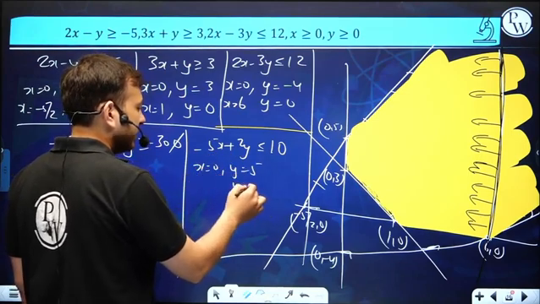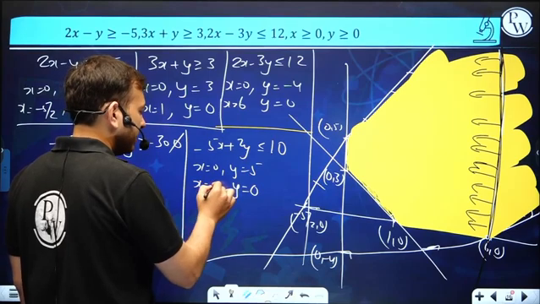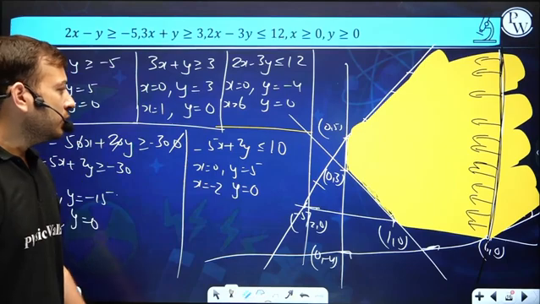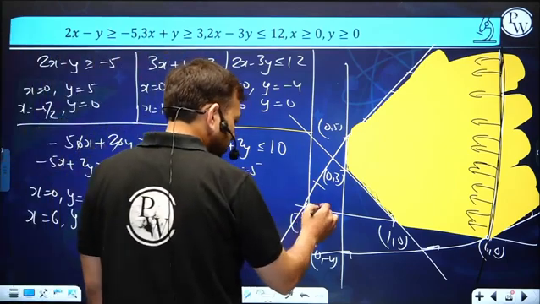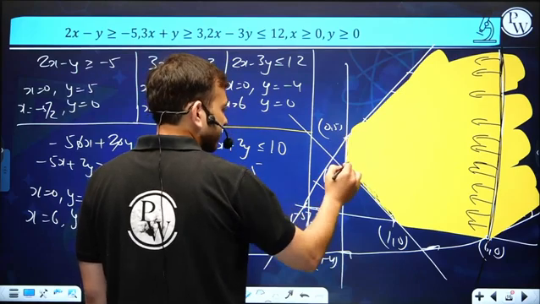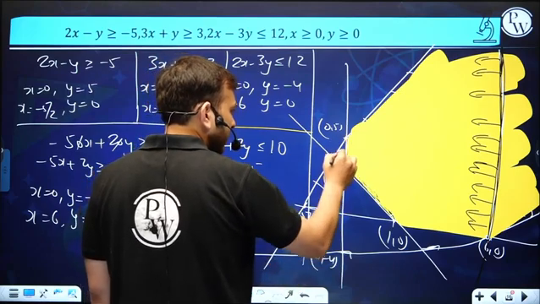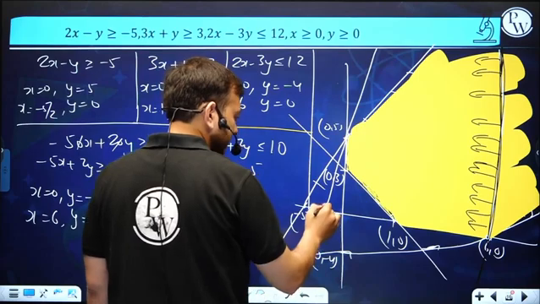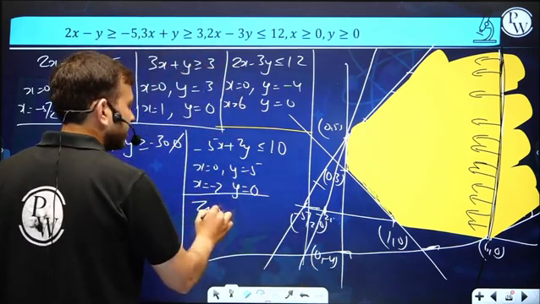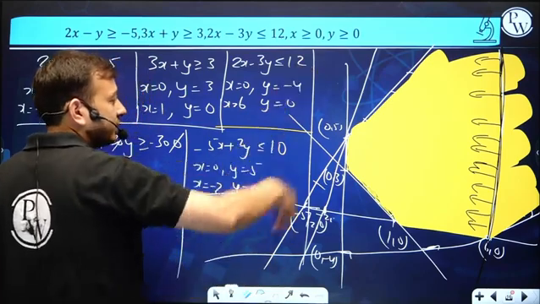For y equals 0, x is minus 2. So minus 2 means the point will come this side and 5 is the point on this side. So the Z max line will go like this.